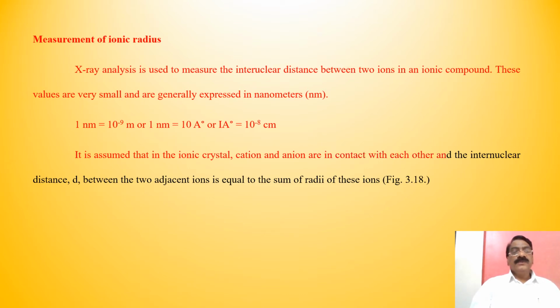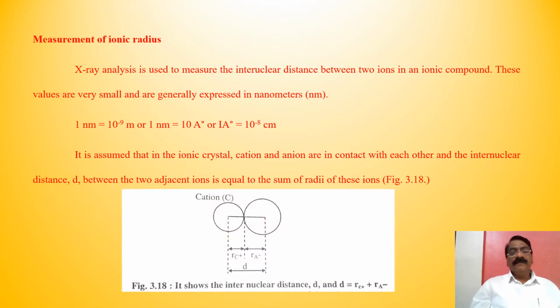It is assumed that in the ionic crystal, cation and anions are in contact with each other, and the internuclear distance d between the two adjacent ions is equal to the sum of radii of these ions.